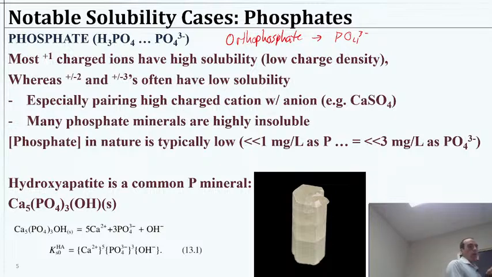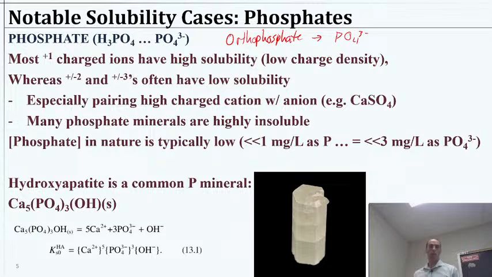If we get something that has a higher charge density, with the +2s, -2s, and 3s, they tend to have much lower solubility. There are a few exceptions, but something like calcium sulfate, CaSO4, or gypsum, tends to be rather insoluble, because there's just a dense charge here and a dense charge there that keep it from coming apart.